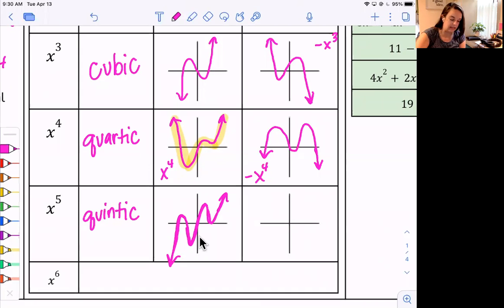This is x to the 5th. And negative x to the 5th, as all of these have, is going to end down. So it has to start at the top. 1, 2, 3, 4, 5. Something like that.